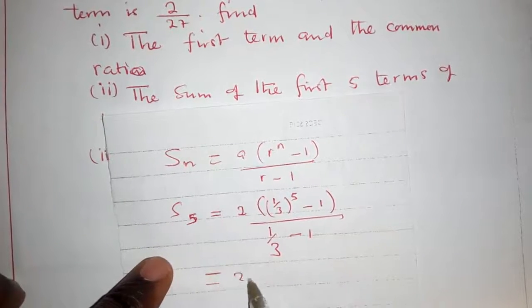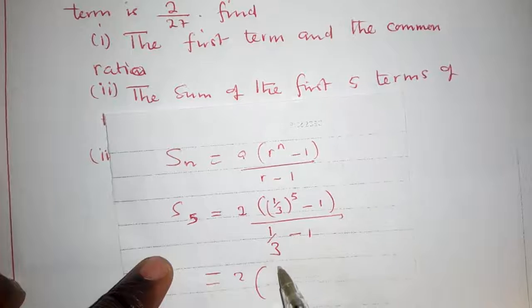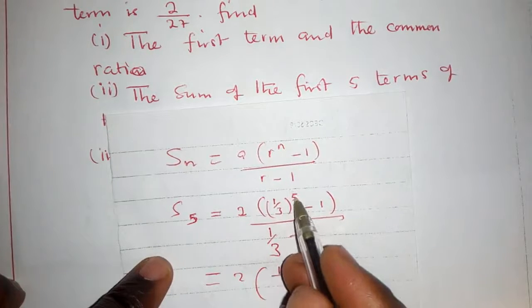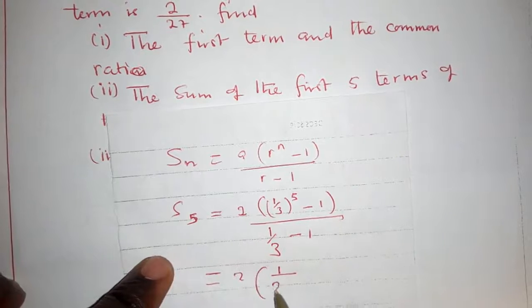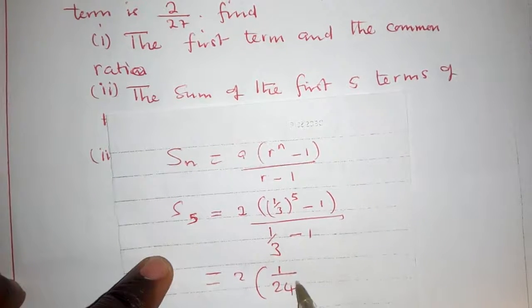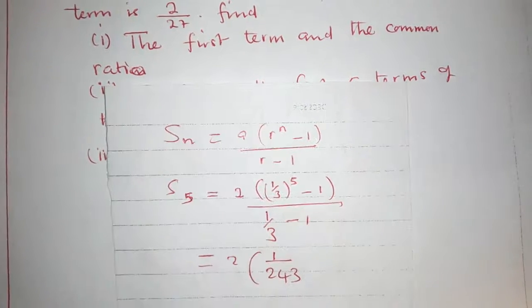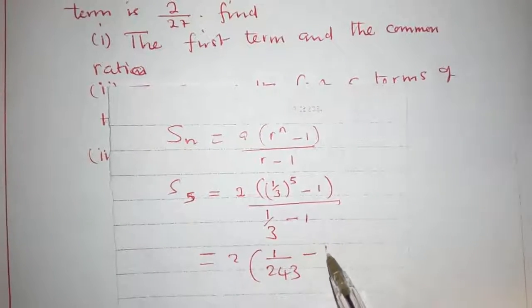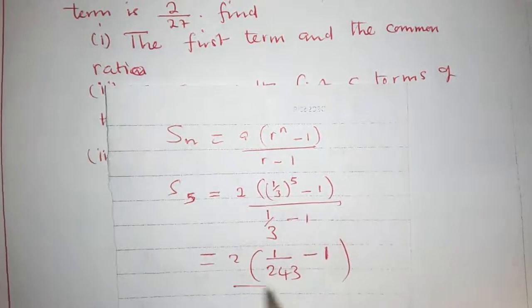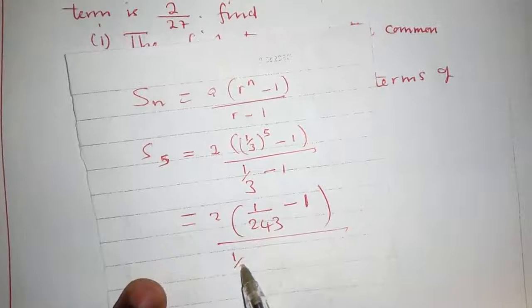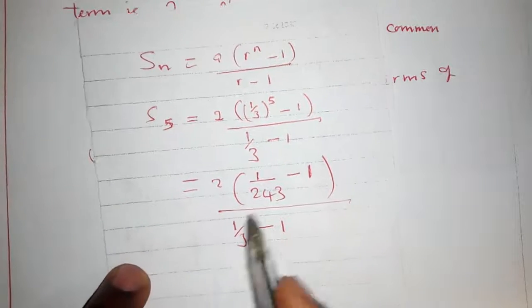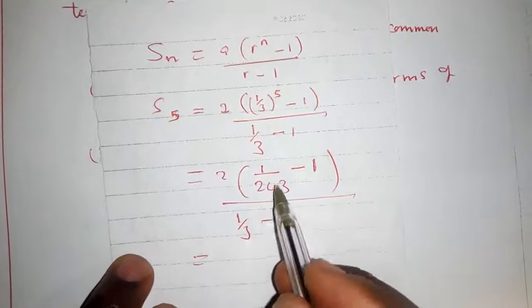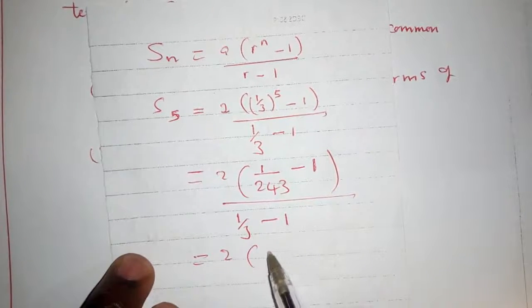So here we can solve. Once we solve, we'll have something like this: 1 to the power 5 over 3 to the power 5. From here, we're just solving what is here.